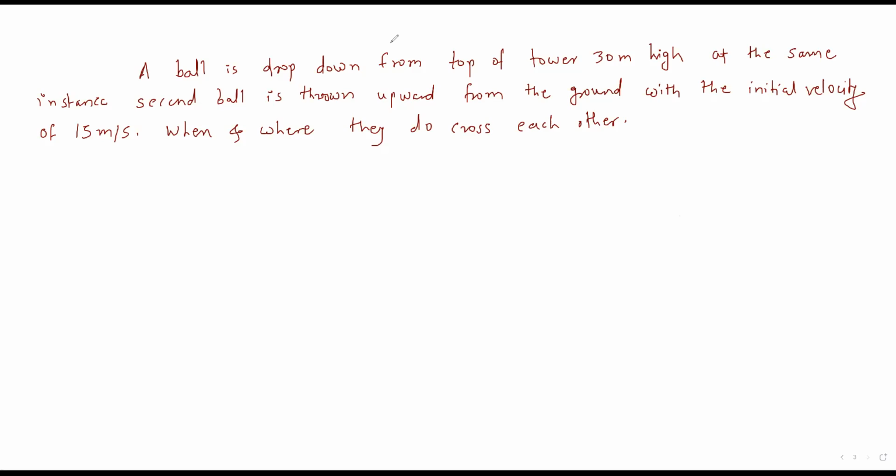So if you try to imagine this with the help of a diagram, this is the ground level. Okay. A ball is dropped down from the top of a tower 30 meters high. So we will draw the tower. This is the tower. What is the height of this tower? The height of this tower is 30 meter.